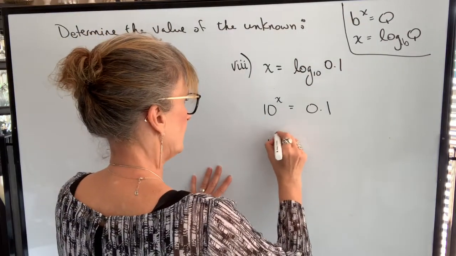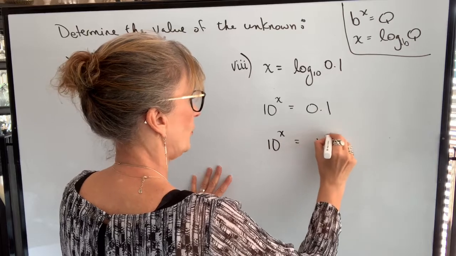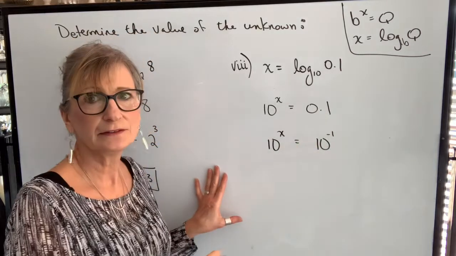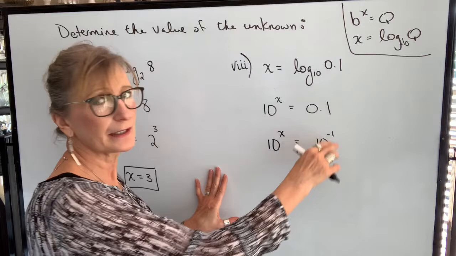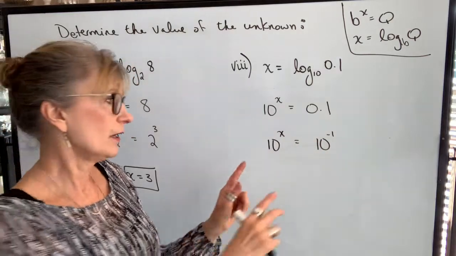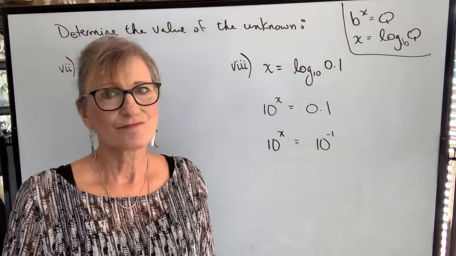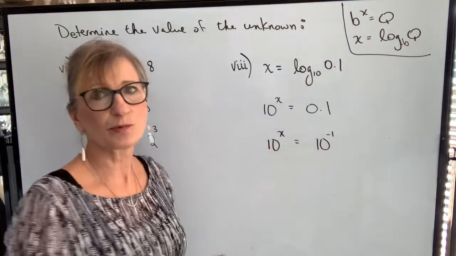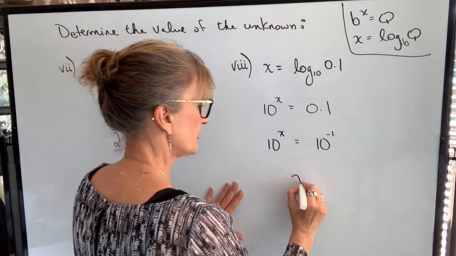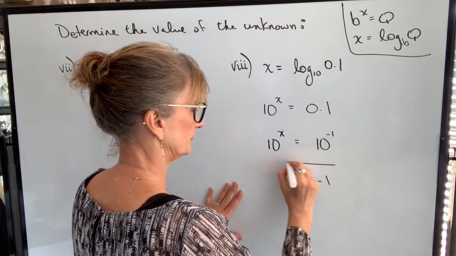Well, we know that 10 to the negative 1 is equal to 0.1. So we want to express it that way. Once we have our two powers written in terms of the same base, then we know our exponents must be equal. So x must be equal to negative 1.